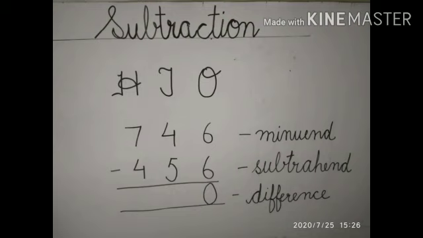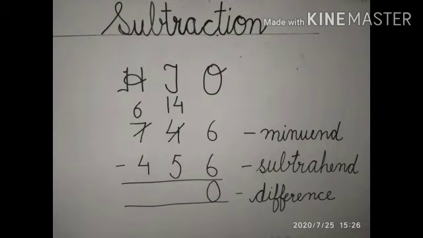Here, we have to subtract 5 from 4. Now, we will compare both numbers. Here 5 is greater than 4. So we cannot subtract a greater number from the smaller number. Then what will we do now? Who will tell me? Yes, here 4 will borrow from its friend 7. 4 will borrow from where? 7.